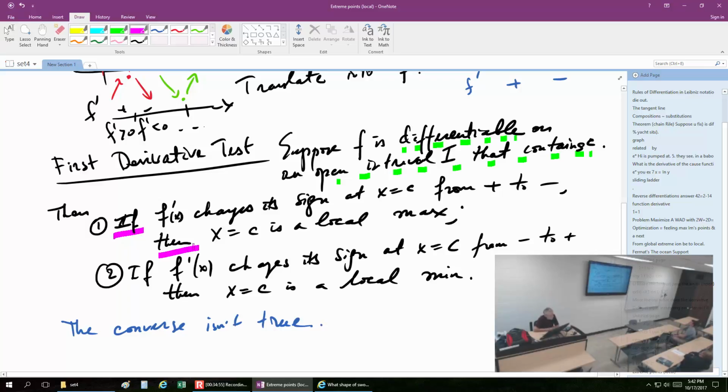If it changes its sign from plus to minus, then it's a local maximum. What's the converse of the statement? Would be if f prime of x changes its sign from negative to positive, then x equals c is a local minimum. Is that not true?